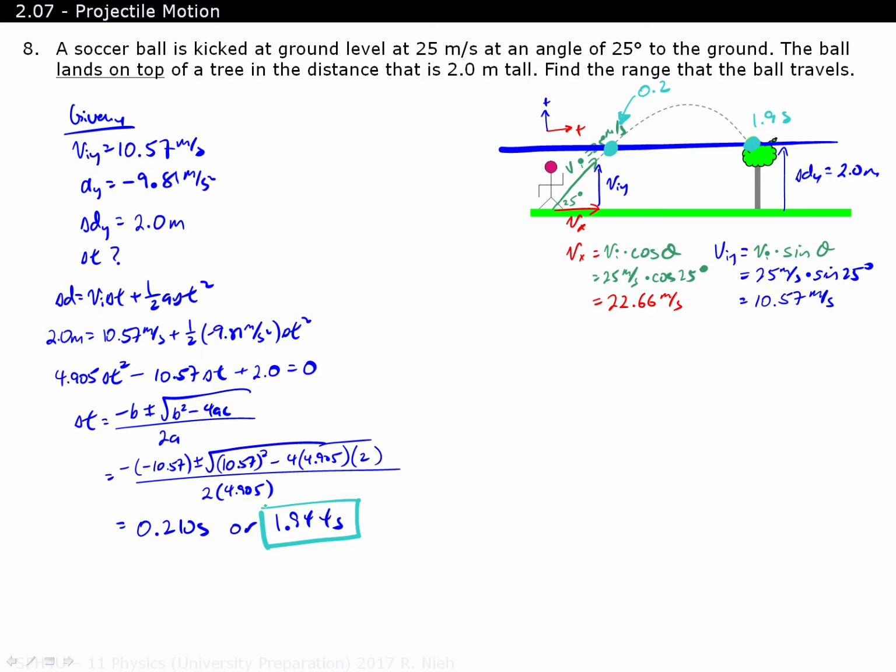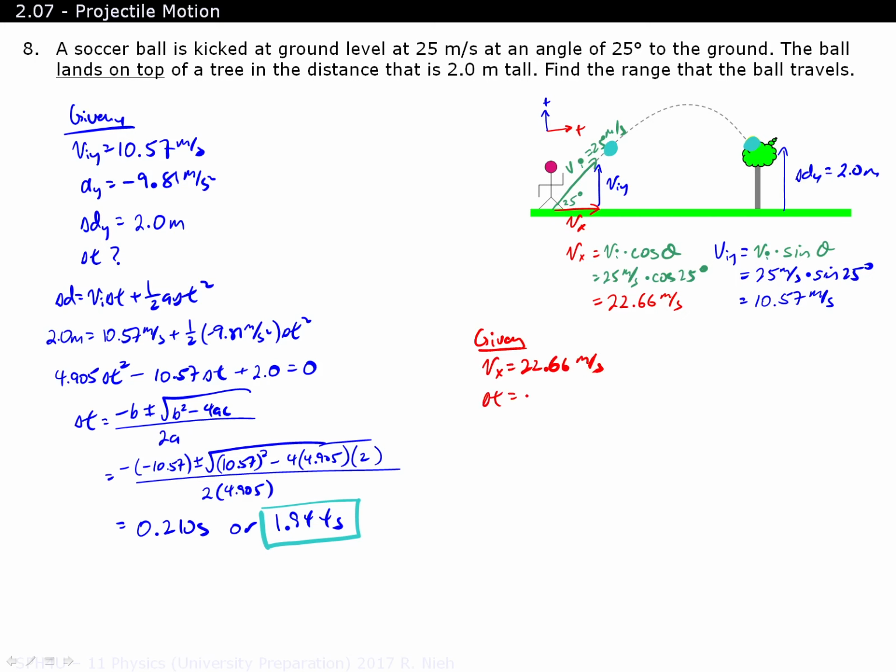Okay, so I don't want you to ignore the first one, but just know that the first one is for its rise time, and we're only concerned about its fall time because it's going to land on the tree in the distance. So it takes 1.944 seconds for it to rise and fall, and we want to figure out how far away the tree is. So look at our givens in the x dimension. We know that Vx is equal to 22.66 meters per second.